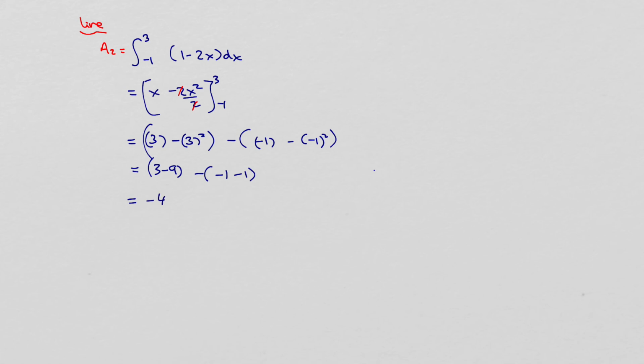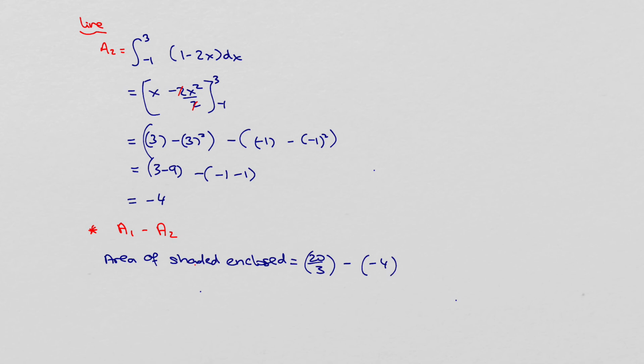Now, because this is a continuous piece, we're not getting absolute values here. So that's the important thing about this, right? So we're literally saying area 1 minus area 2 as you get it, okay? So area of shaded region, or the area enclosed, is 20 over 3 minus -4.